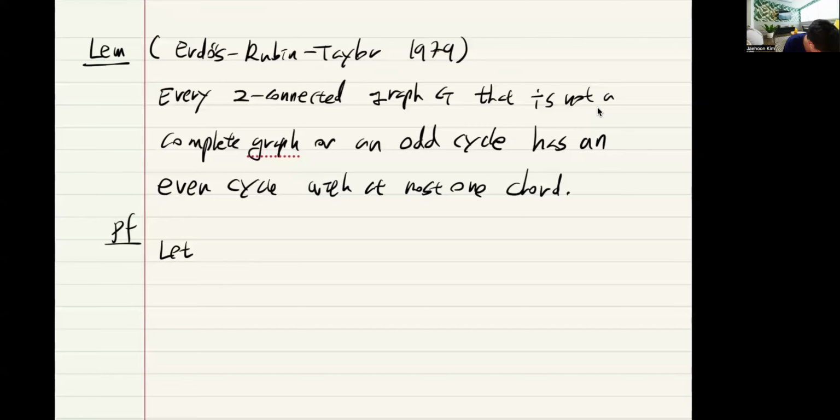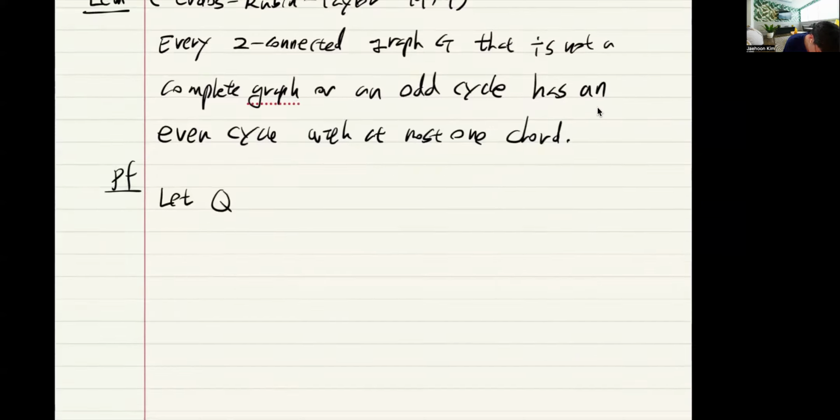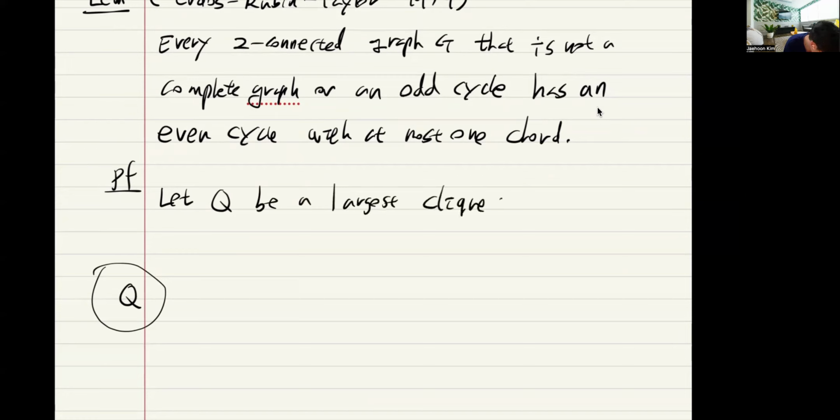So how do we show this? Let's say you take Q, the largest clique in G. Why is it useful? If Q is the largest clique, no matter what vertex you take outside, there is at least one non-neighbor in Q. If this vertex were adjacent to every vertex in Q, then you would have added it to Q to obtain a bigger clique.